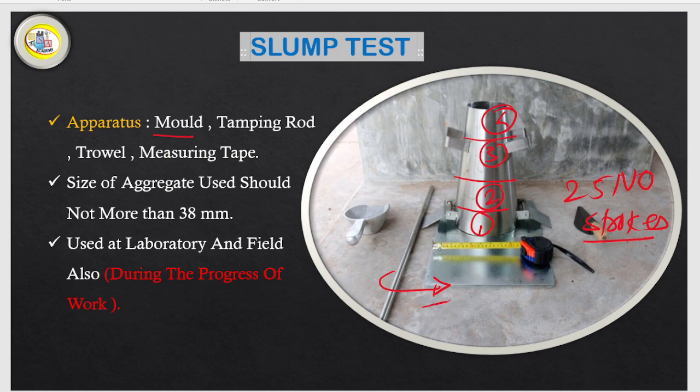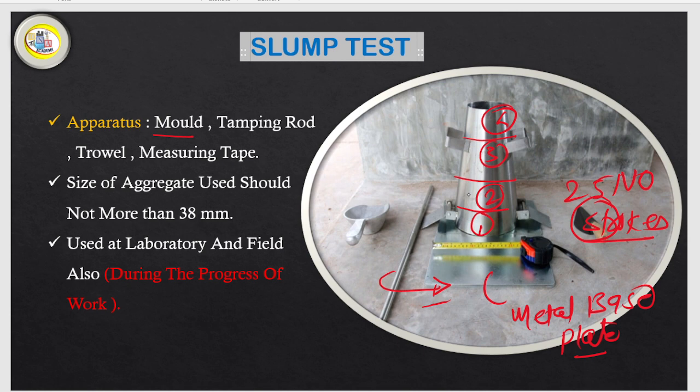Then there is a measuring tape to measure the slump, and a metal base plate to get a plane, level surface. A trowel is also used to level the top layer surface, and also while pouring the concrete into the mold.